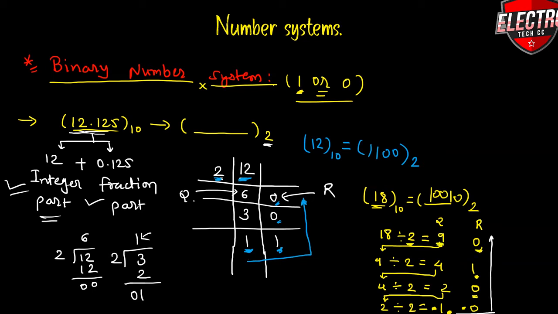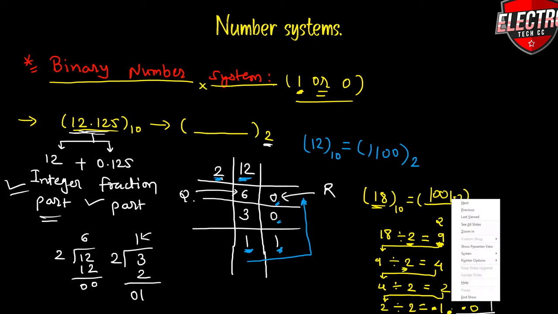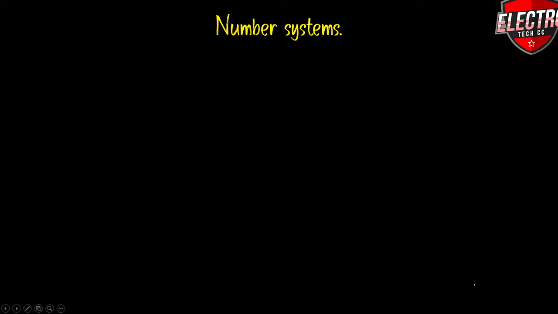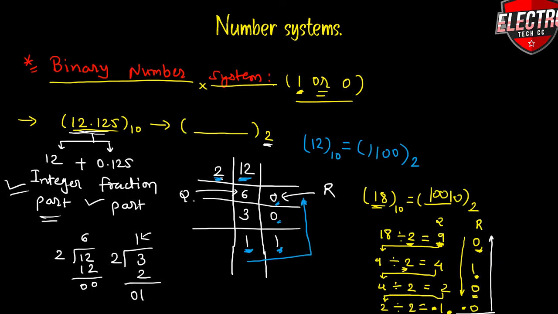Then you have to divide the answer by 2 until you get answer 1 or 0, and note down all the remainders. In the final step, you write down all the remainders from the bottom side to the upward side, and that is your final answer in the binary number system. That is the procedure for the integer part only.